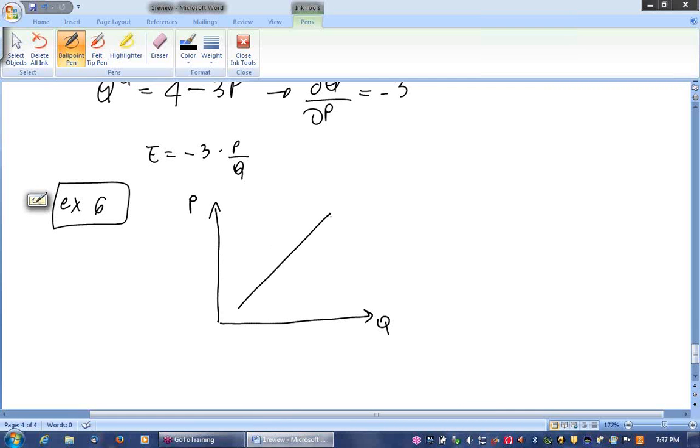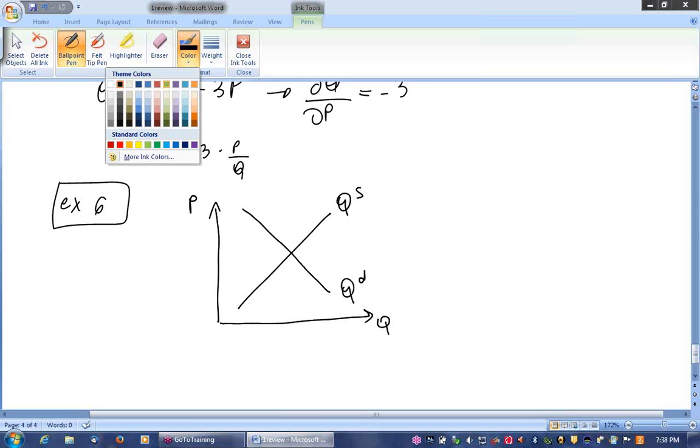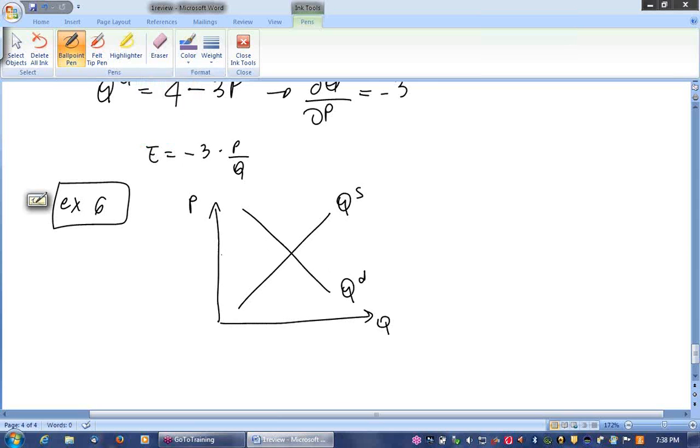Then we have the supply curve of peanut butter, that is QS, and the demand curve QD for peanut butter. And the point where the two curves cross is our equilibrium price and quantity. So here is equilibrium and we have the price in equilibrium and the quantity in equilibrium.